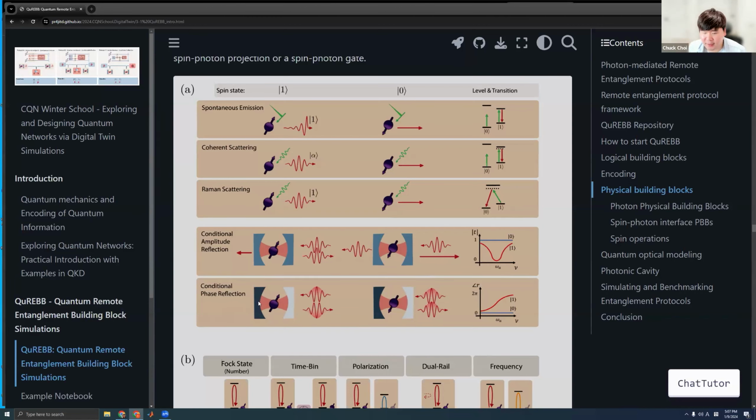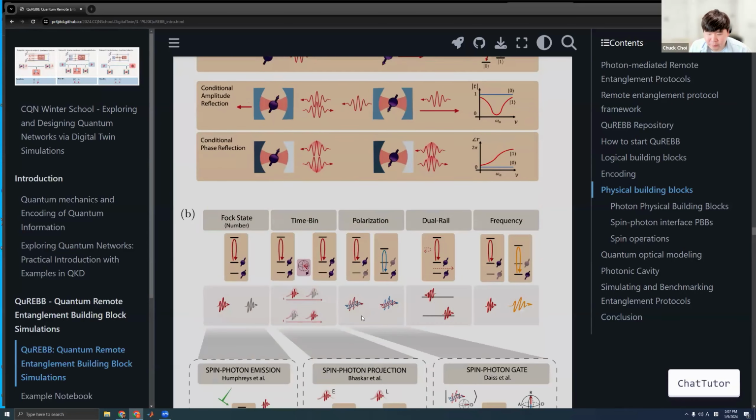So for example, if the spin is in the up state, then the photon is reflected with the reverse phase. While if the spin is down, then it's reflected with the same phase. It can also be shown here at the operation frequency of the photon.